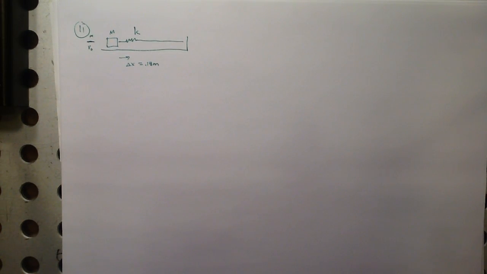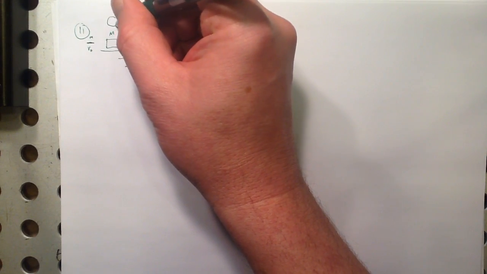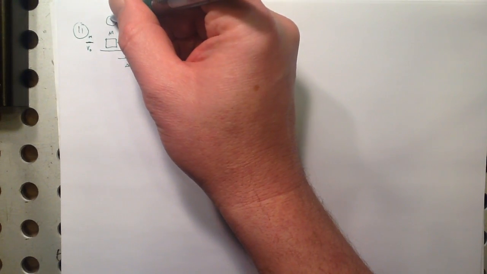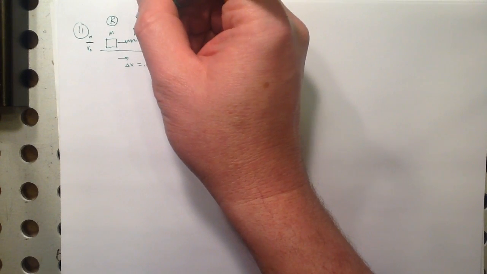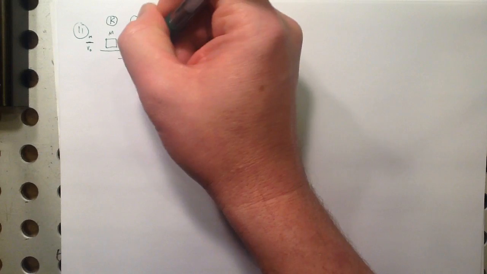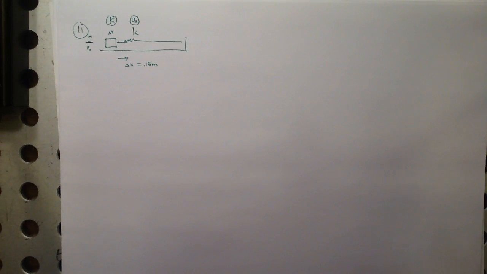Alright, so let's think about this. If we're compressing the spring that much, then we know the energy would be kinetic energy after that collision, and then the energy after the compression is all going to be stored in the spring, right?